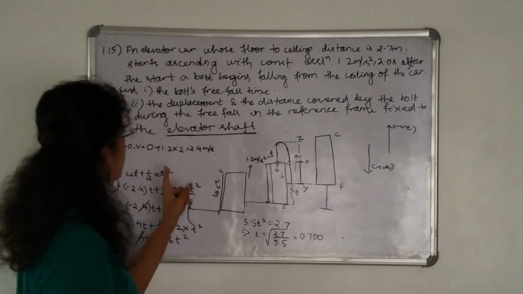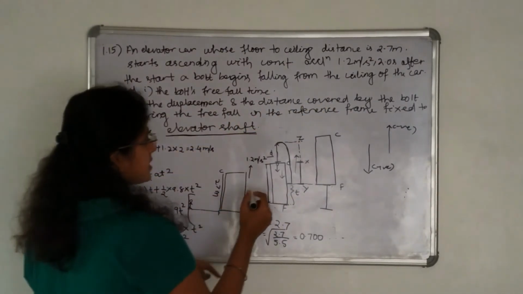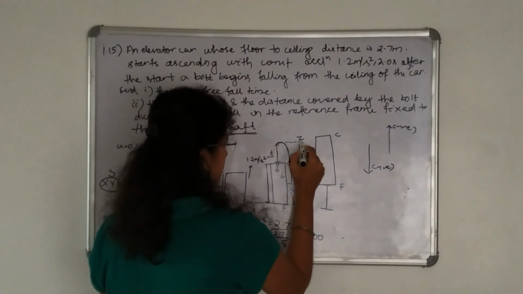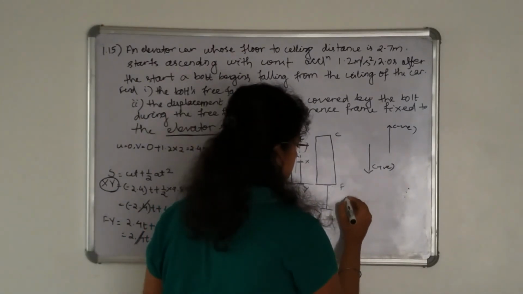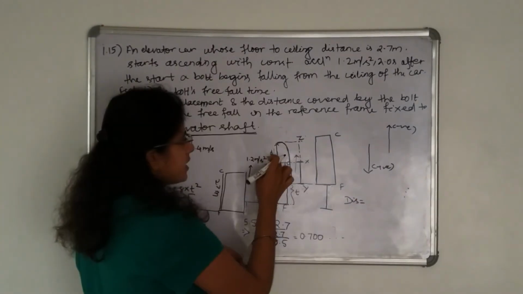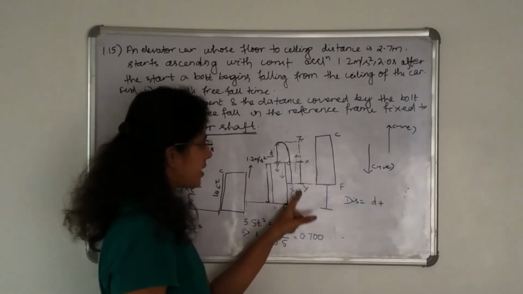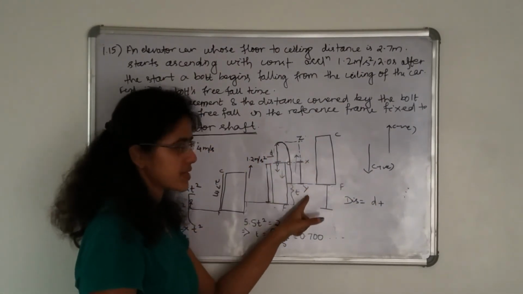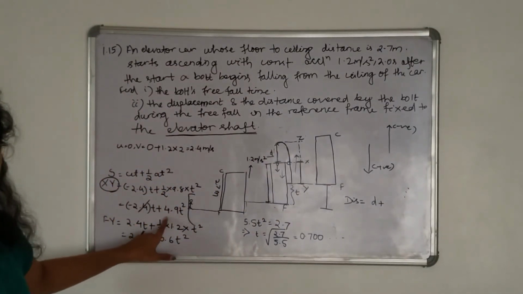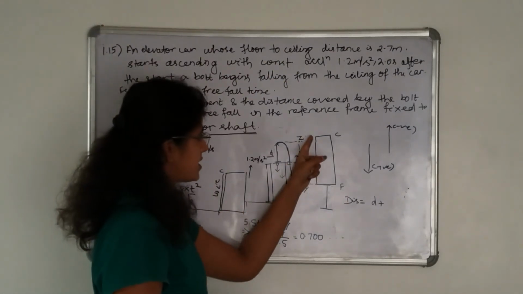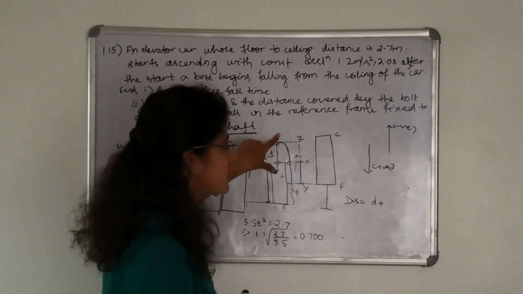Okay, so again we have to calculate the distance covered by the board. So how much is the distance? This d plus zy. So the distance is d plus zy. So d plus zy means how much? Zx plus xy. Xy we have already found from here. So zx is equal to d, the distance covered from this velocity to reach the velocity 0.